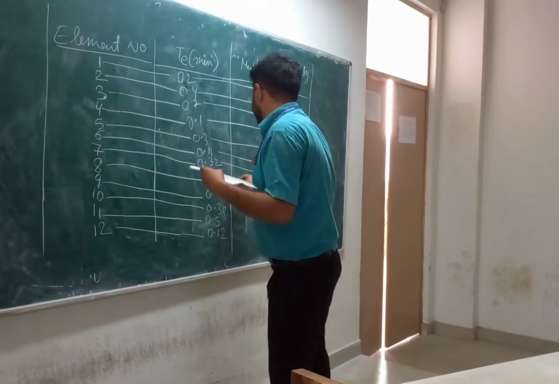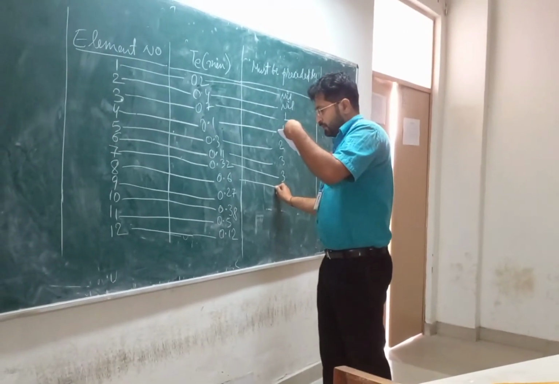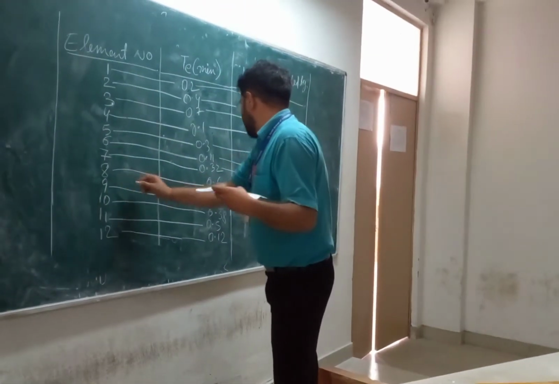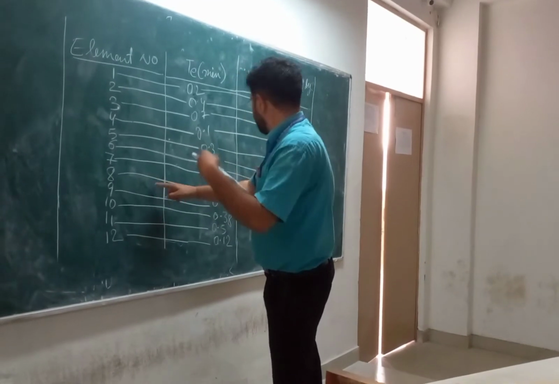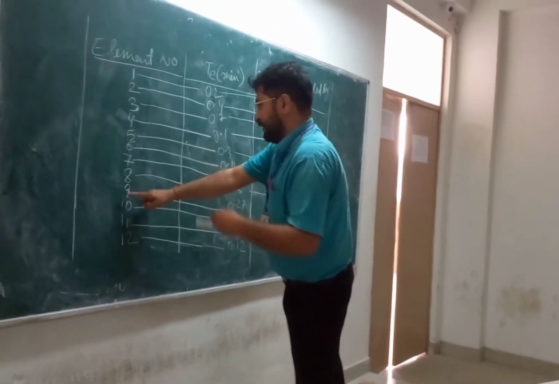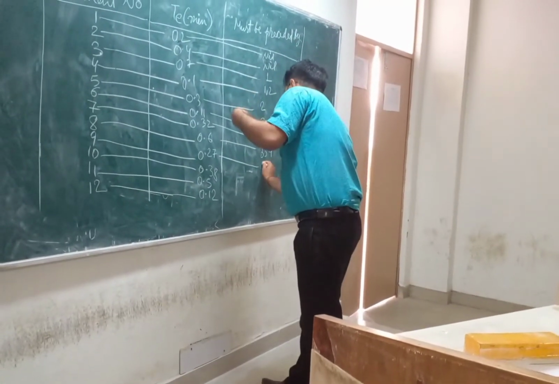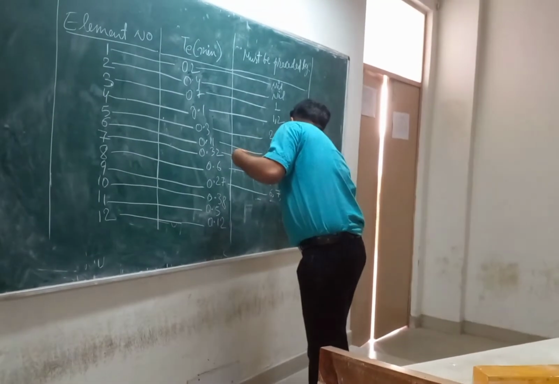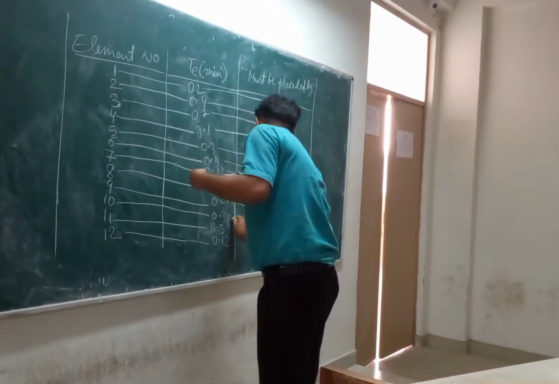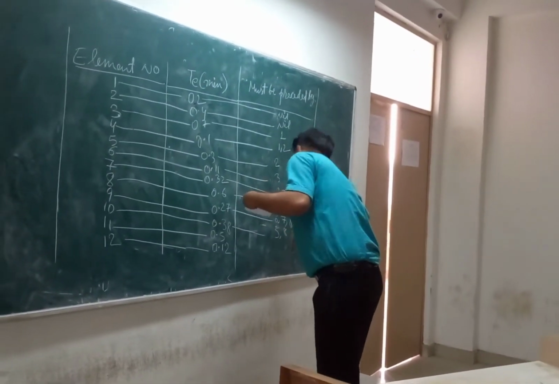For element number 8 the preceding is 3 and 4. For element number 9 the preceding is 6, 7, 8, and for element number 10 the preceding is 5 and 8.